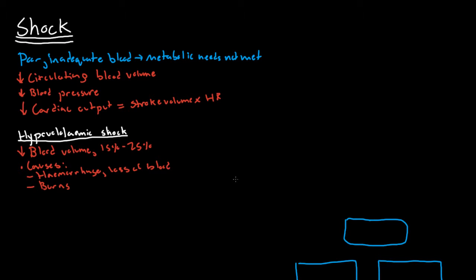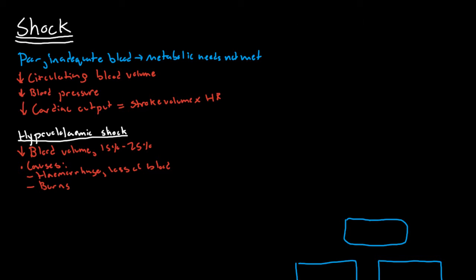So that's hypovolemic shock in a nutshell. And basically, the reason it's going to cause shock is because a decrease in blood volume, first of all, is actually going to deliver less nutrients to your cells in the same amount of time. But also, a decrease in blood volume is also going to decrease blood pressure, which may cause venous pooling.